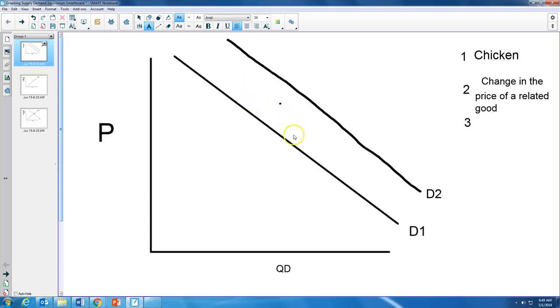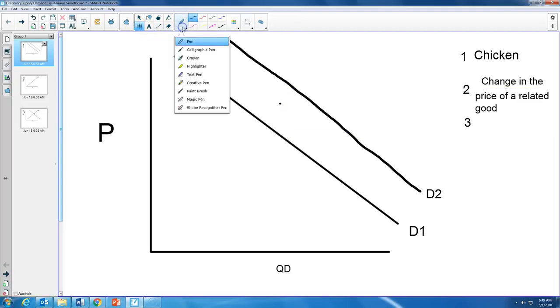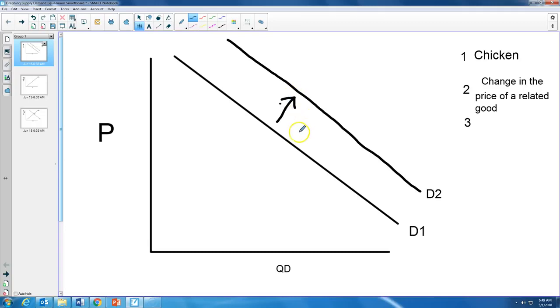And then I'm just going to simply draw an arrow that indicates the direction that we are shifting so that I can see that there is an increase. Now I'm saying to the right, and I know the arrow kind of looks up. You could actually do it more like this, and it would still have the same effect. So it is shifting to the right, which means there's an increase in demand in this particular problem.